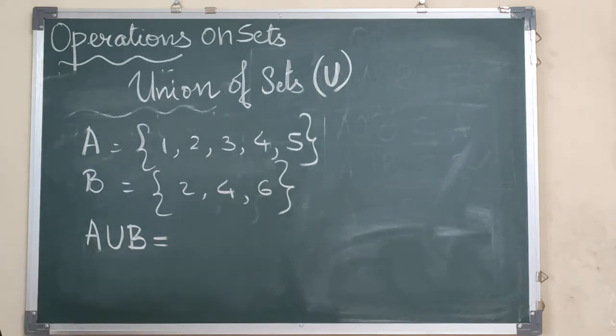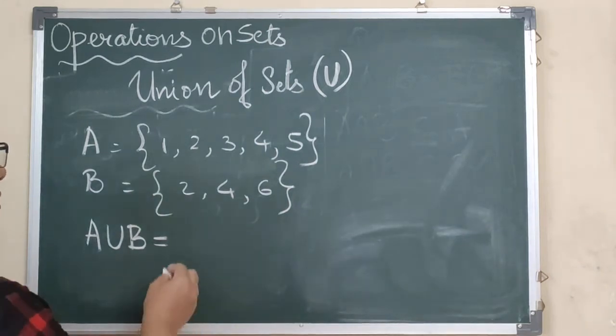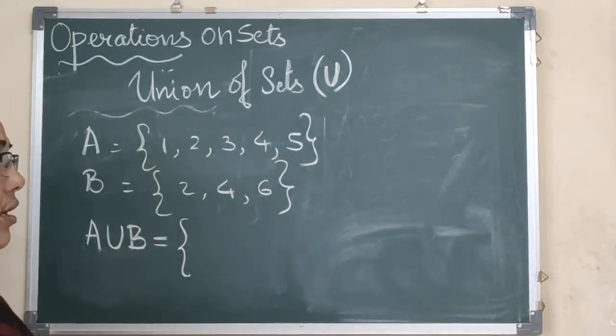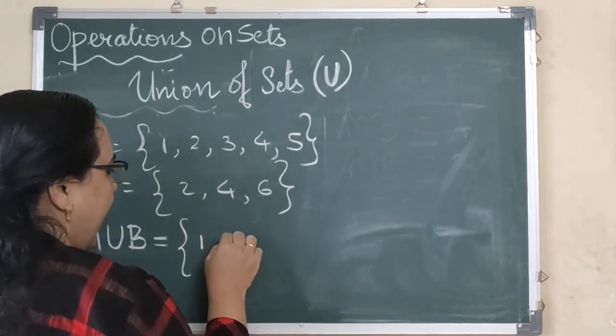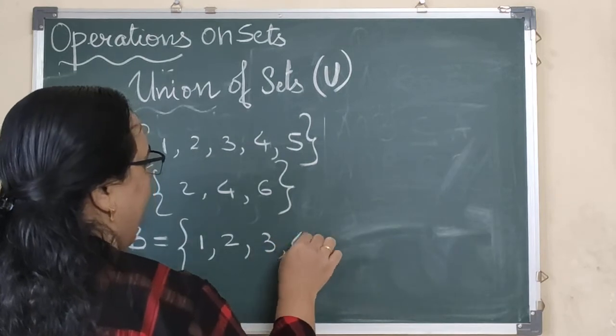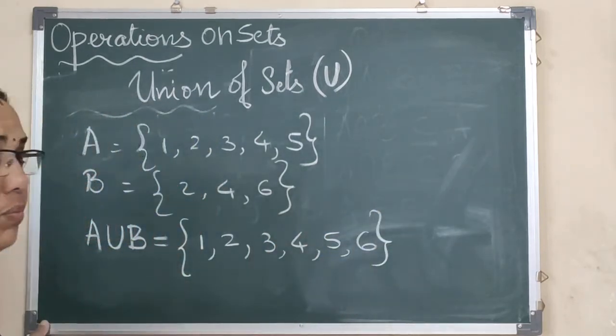Okay. So in union you have all the elements which are in A as well as in B. So what do you think the elements would be? So let us see. All the elements in A and all the elements in B. No repetition. Keep in mind, no repetition.